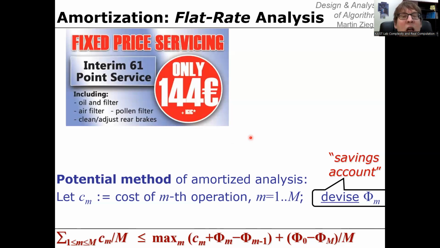Now, a garage running that service may sometimes actually make a loss, right? So for some cars, maybe some very old car comes in and it is much more expensive than 144 euros to repair that old car.